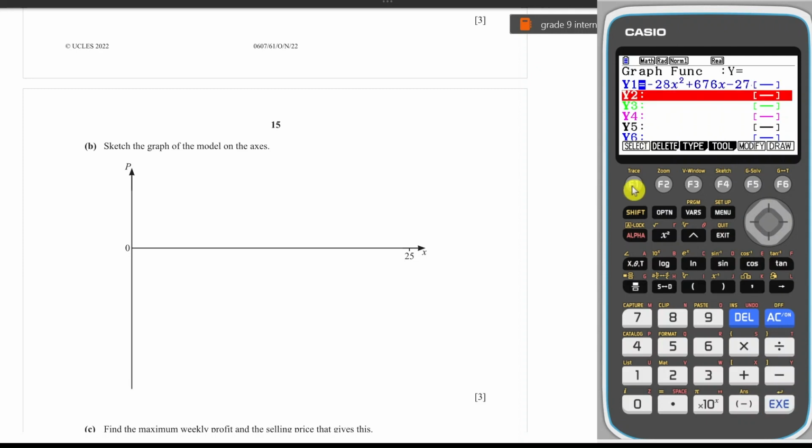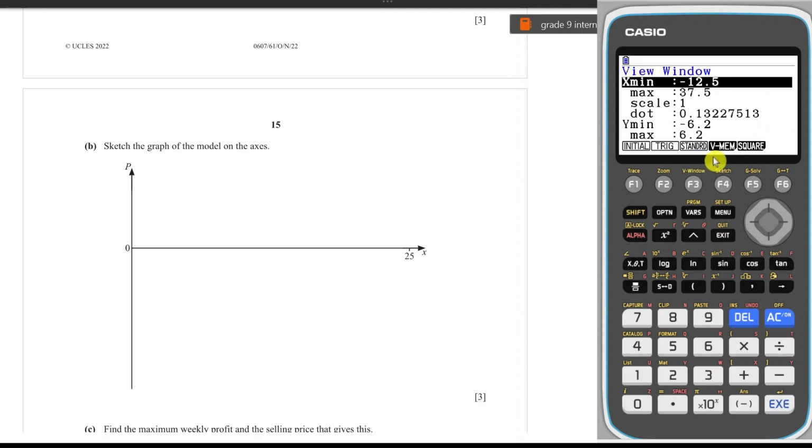And I have to see my viewing window. X minimum, as it shows here, is 0 and 25. And I think the x values, you need to just check that also.